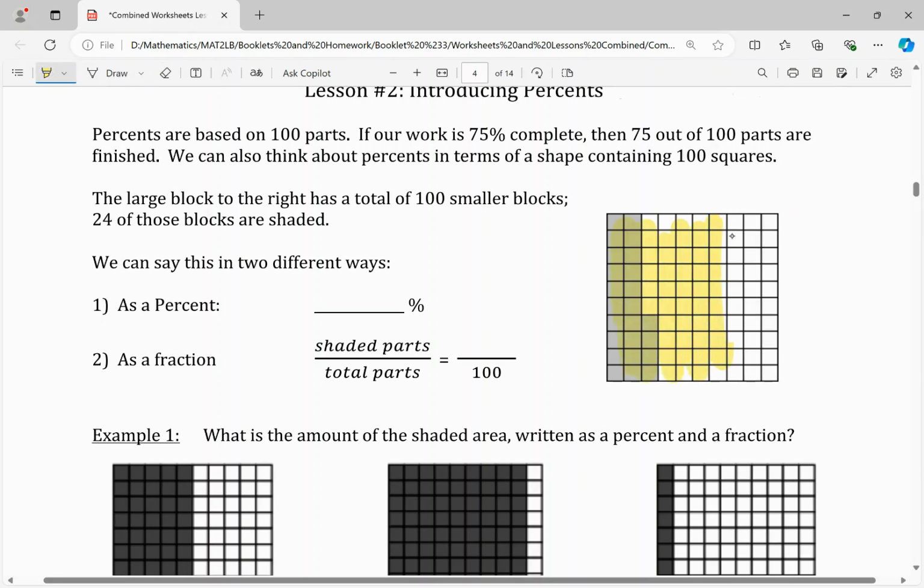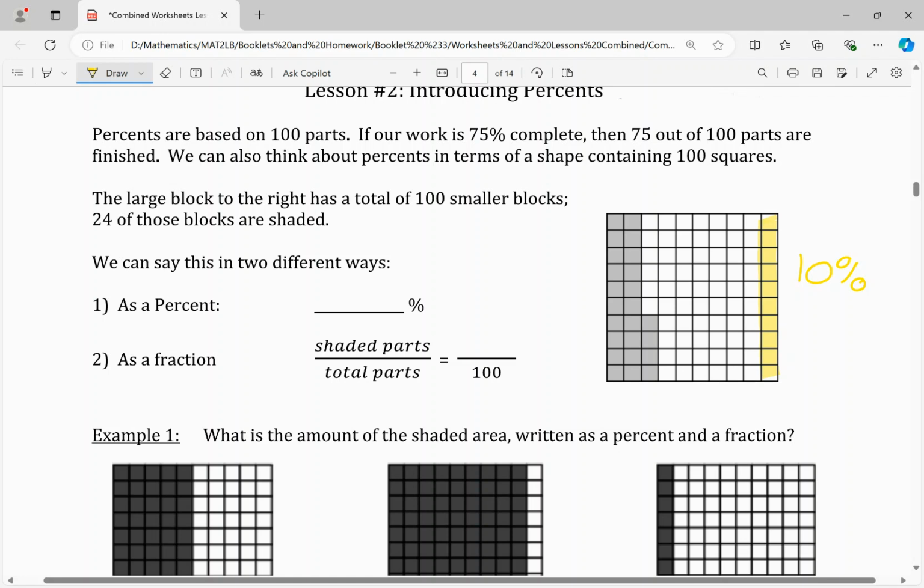I have every one of the squares filled in. If I was to say I have 10%, that means that I have 10 squares filled in, as I'm highlighting now. Right? This would be 10%. A single column, 10 blocks.